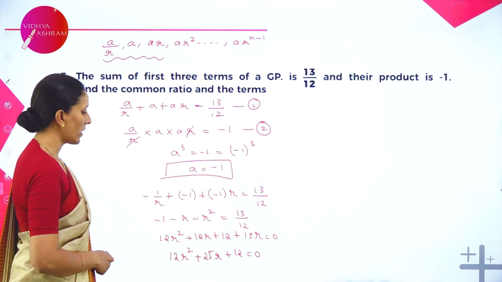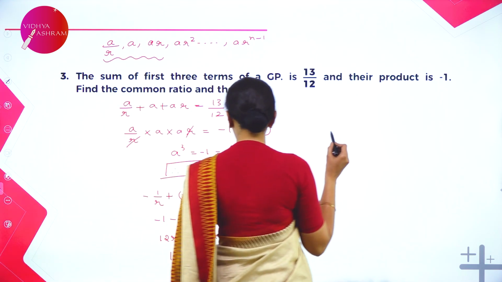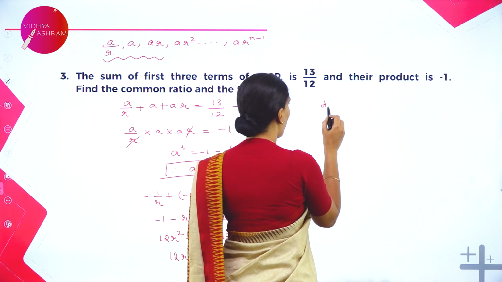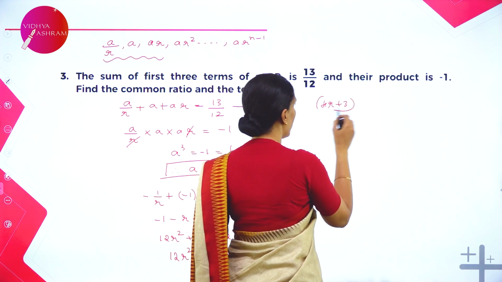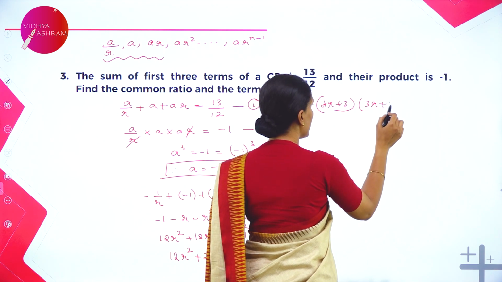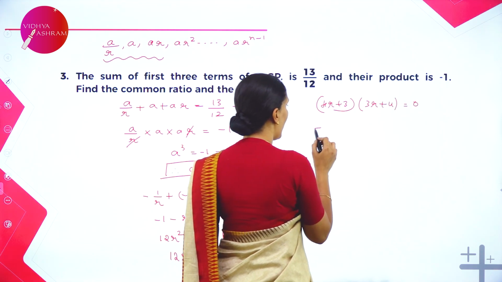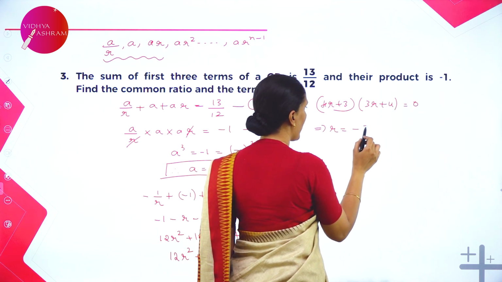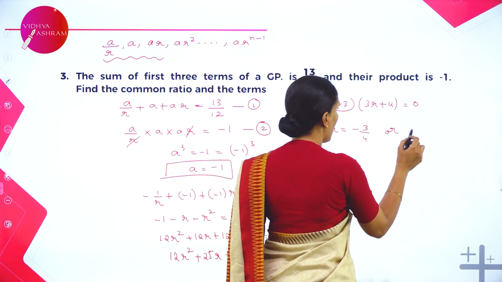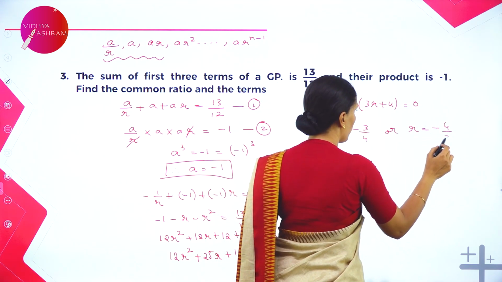Using factorization, we can write (4R plus 3)(3R plus 4) is equal to 0. So we will get R is equal to -3 by 4 or R is equal to -4 by 3.